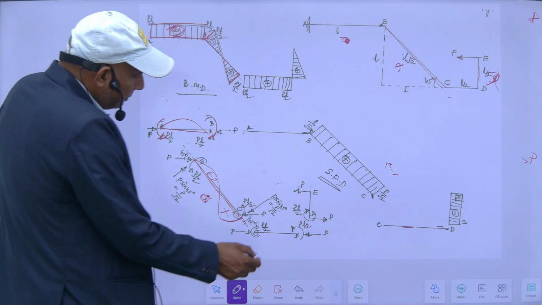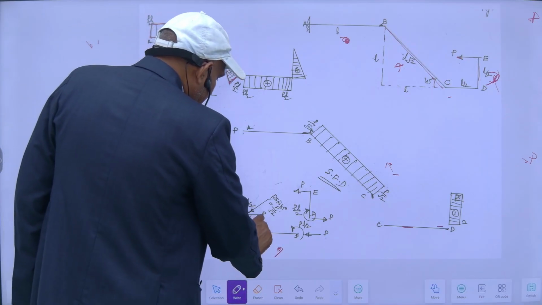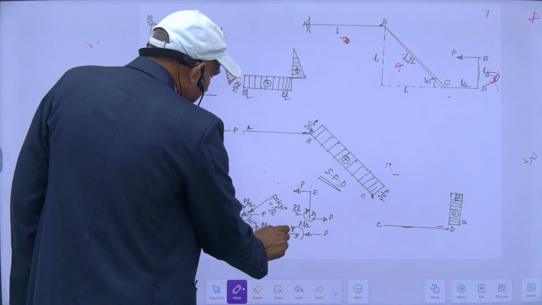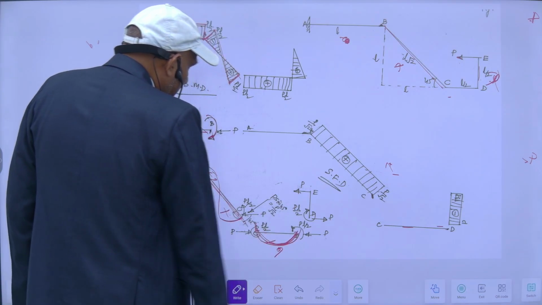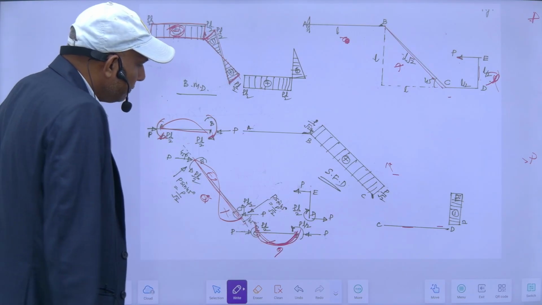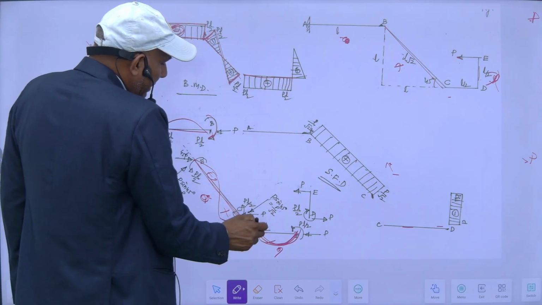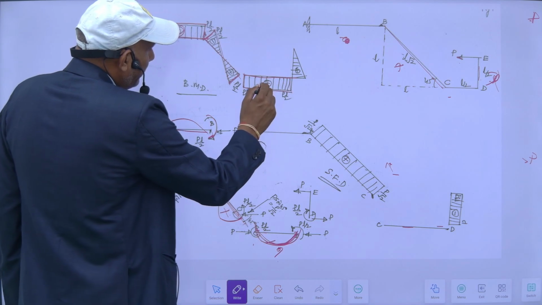If I am standing here, then it is sagging on both sides. So it is sagging here, which means it is positive, and I am drawing on this side. So it will be the same, PL by 2 and PL by 2, like this, sagging.